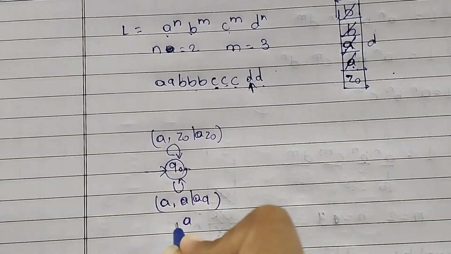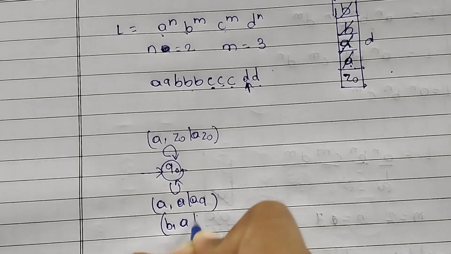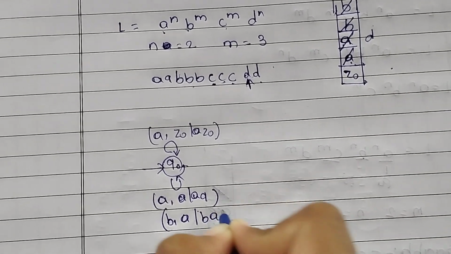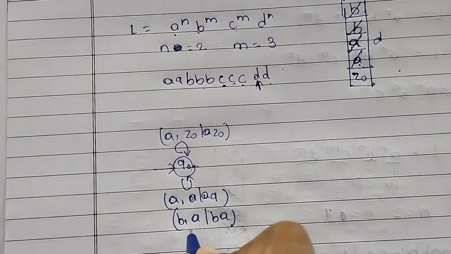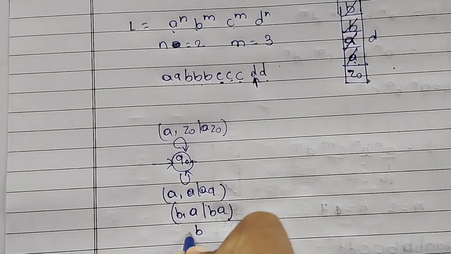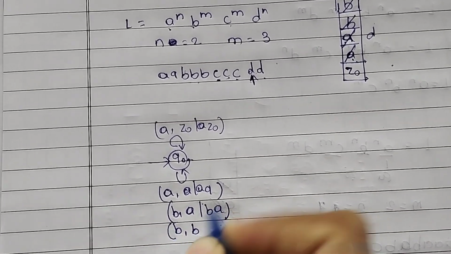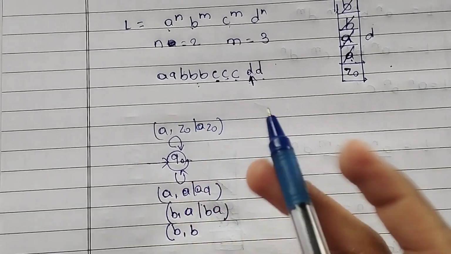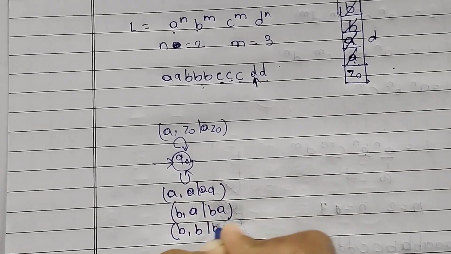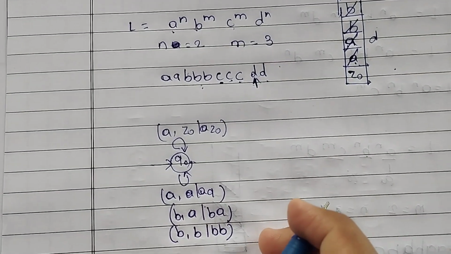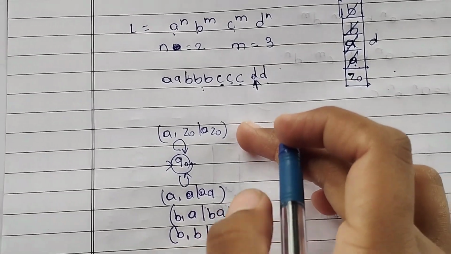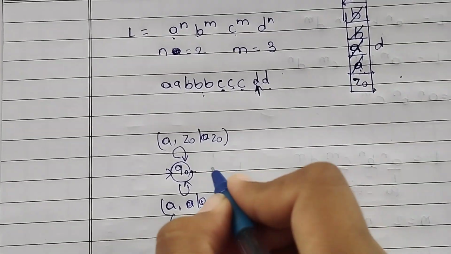Same here we do. Initially A is present, we read B, then BA. Write this sequentially here. Now B is present, and the symbol we read is also B, then that time also push the B, so BB. So here we perform all the push operations. We push A also, we push B also.